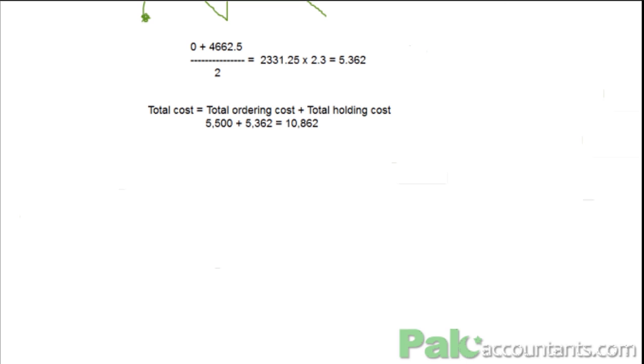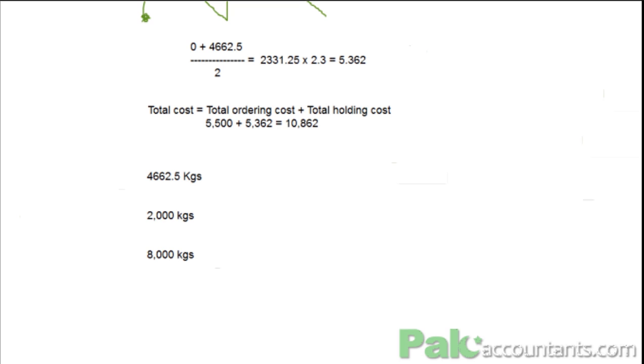At the moment, remember, we are placing an order of 4,662.5 kgs. Now suppose we are going to place an order of 2,000 kgs. That's one situation. And the other situation is that we are going to place an order of 8,000 kgs. Go on, try these two options.